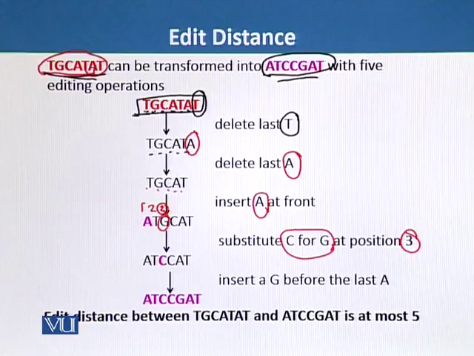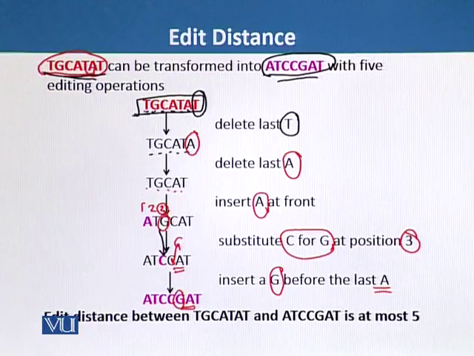So we will substitute it with C. So we will add C here. So in the last step, we will insert G before the last A. So we know that the last A is this one. So what we will do, we will insert G before here and we have inserted G here.